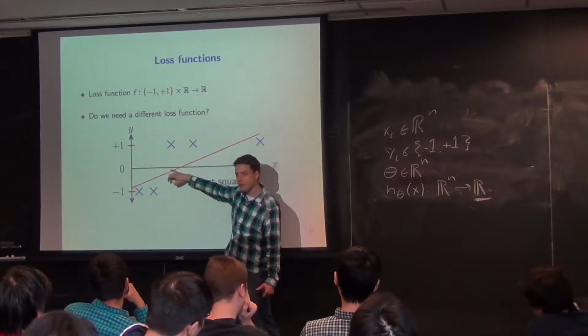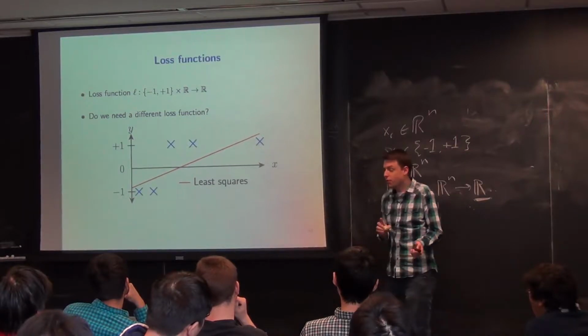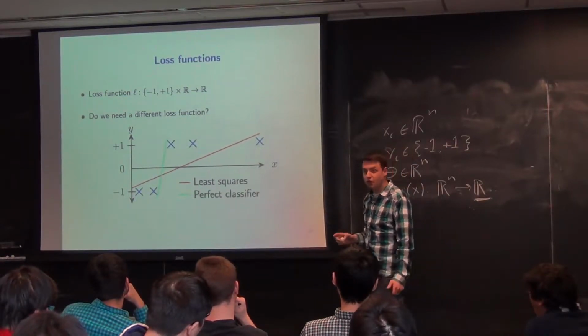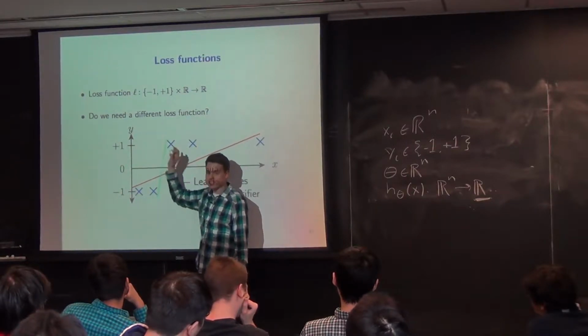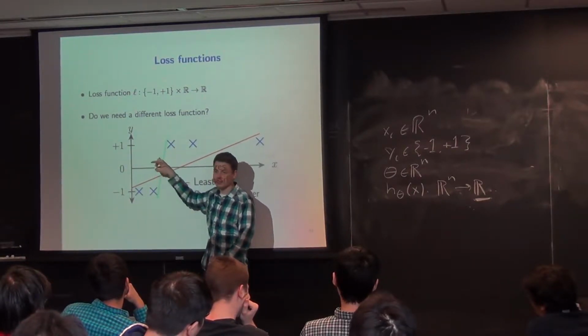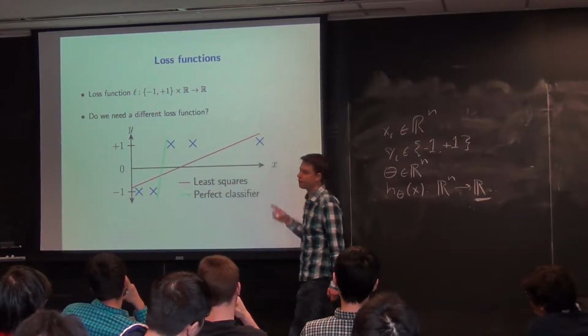So it will classify this point as being negative when it actually is positive. Of course, as you can probably tell, there is a linear classifier here. It's a line that perfectly classifies this data. Everywhere this line is positive, the data is positive. Everywhere it's negative, the data is negative. Just perfect on these 5 points.